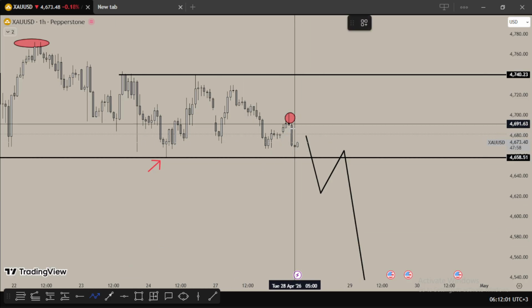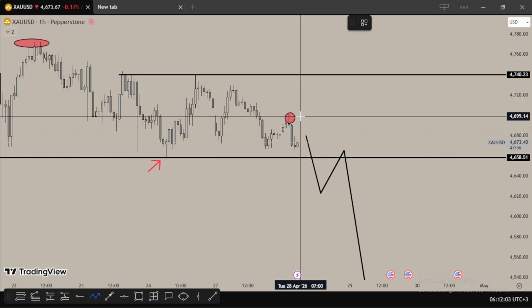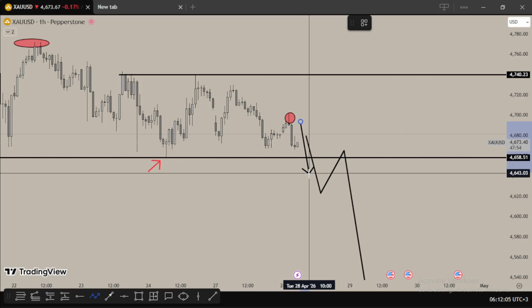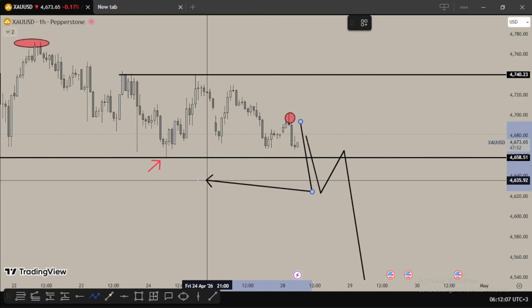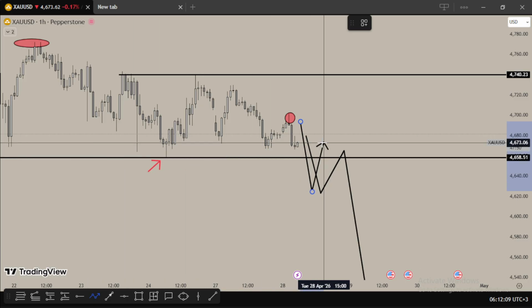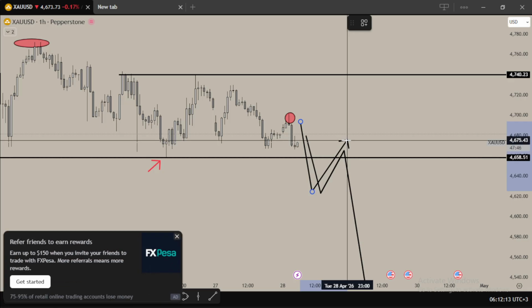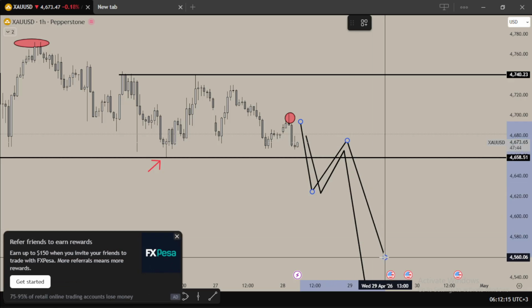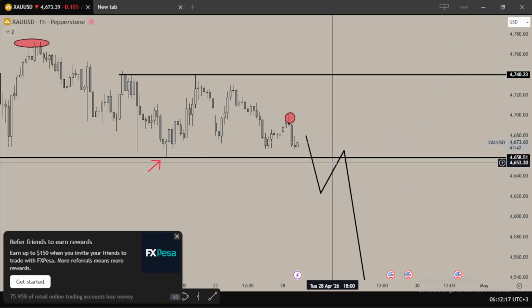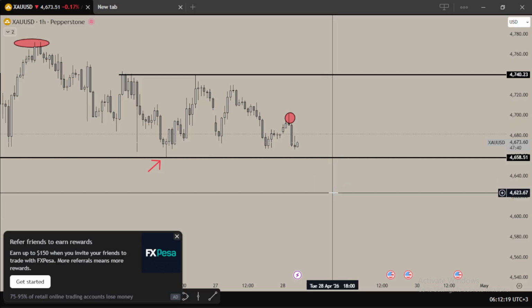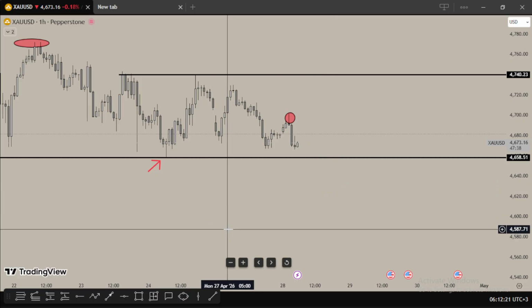The reason being, I'm assuming that it is from that level of sellers that we're going to see price break down, break beneath this significant level of buyers to give us a correction, then continue to the downside. So, guys, my job here is to wait.